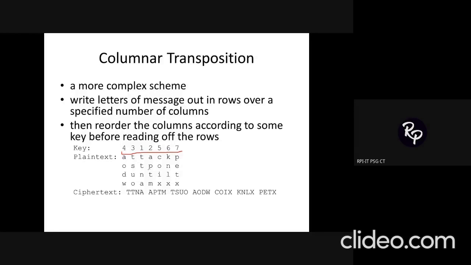So attack postponed until 2 a.m. So till this is the plain text which is given to you. So this plain text I have written in a row-wise manner. The 7 was decided by the key value. So I had only 7 columns. So once the 7th character is over, again start from the beginning. So you need to do it in a row-wise manner.